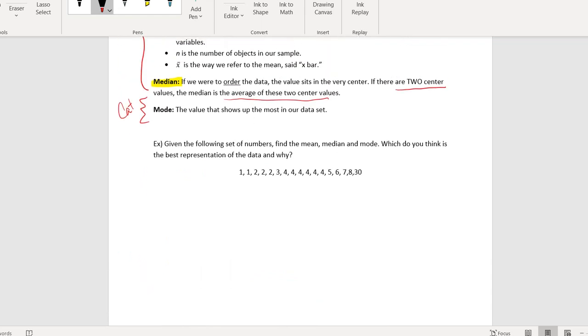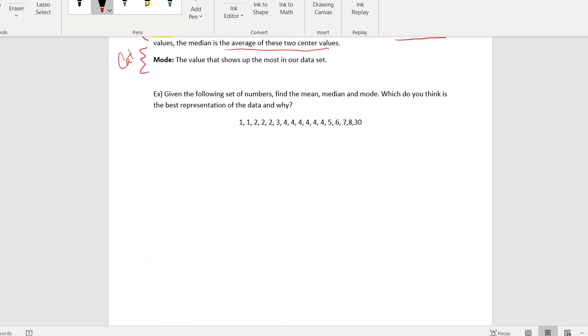Now, for example, let's say we're given the following set of numbers, and we want to find the mean, the median, and the mode. If we want to find the mean, which is x bar, we sum up all of our x values and divide by how many we have.